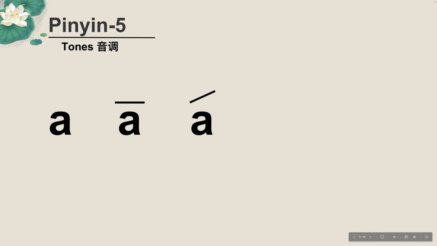The third tone falls first, then rises. It's similar to the English uh-huh. The fourth one starts high and then falls. You can practice it as someone saying no firmly.